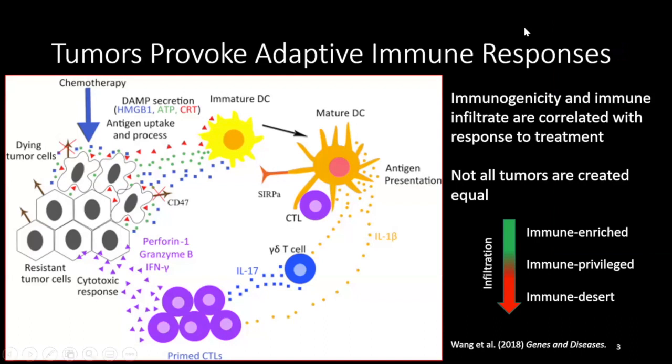So broadly speaking, tumors provoke adaptive immune responses, right? We normally don't think about our immune system responding to cancer cells, but in fact they do. And I'll just walk us through the process of how that happens with this graphic on the left. So we see initially tumor cells dying as a result of chemotherapy, but really this can be extended to any situation in which a tumor cell might die.